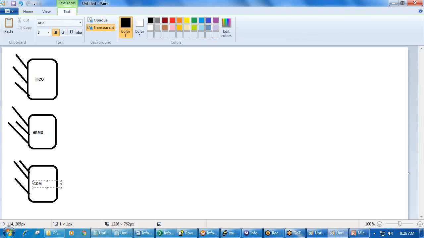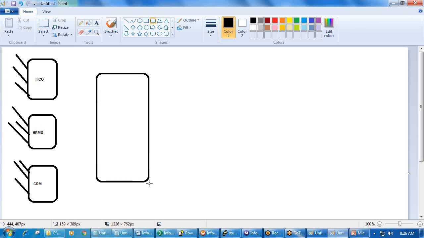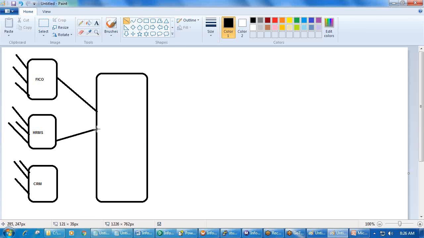Before we load the data into the data warehouse, first we extract the incremental data from your transactional system and put that incremental data into a temporary database called a staging database.